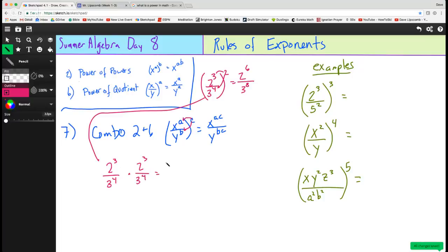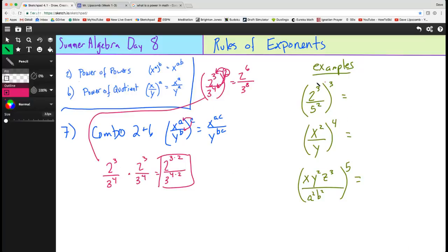And that's equal to 2 to the 3 times 2 over 3 to the 4 times 2. And that's what our rule says. We take the power up here and we multiply it down into our power that's inside the parentheses.